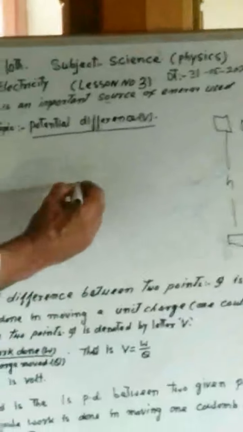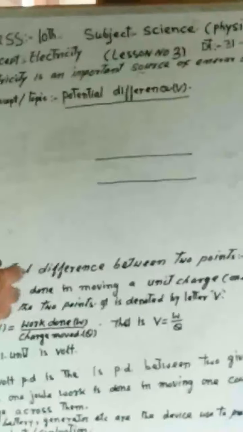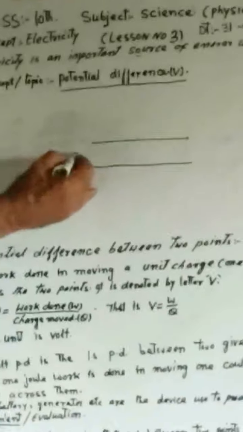Similarly, when we move a charge through a conductor, the conductor offers resistance, and we have to work against the resistance of the conductor.